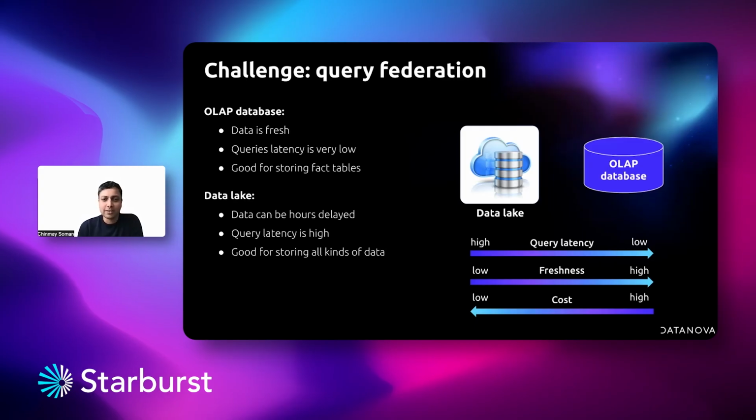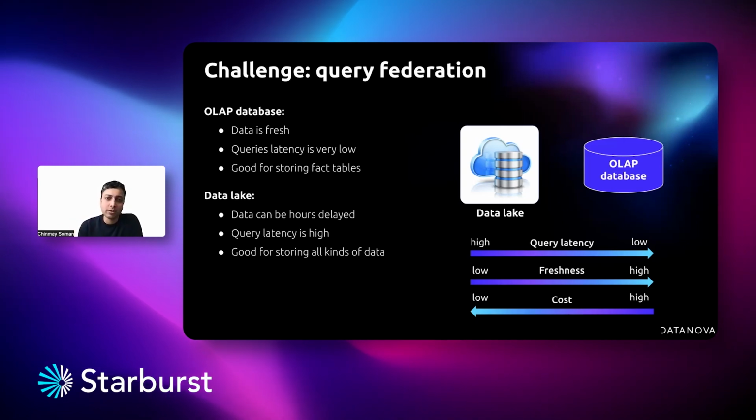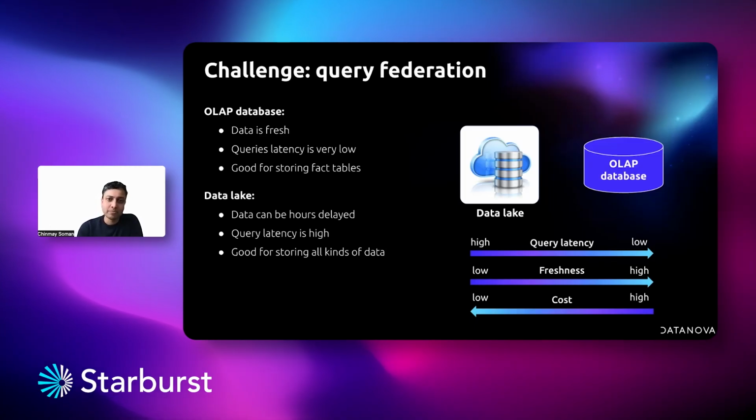And on the other side, the data lake is great for managing large volumes of data, so think of terabytes or petabytes of data, in a cost-efficient manner. So typically, users would choose their most important fact tables that they want to analyze in real time and store them in the OLAP database, and everything else is stored in the data lake. And so the challenge is, how do you process all this data in a seamless manner?